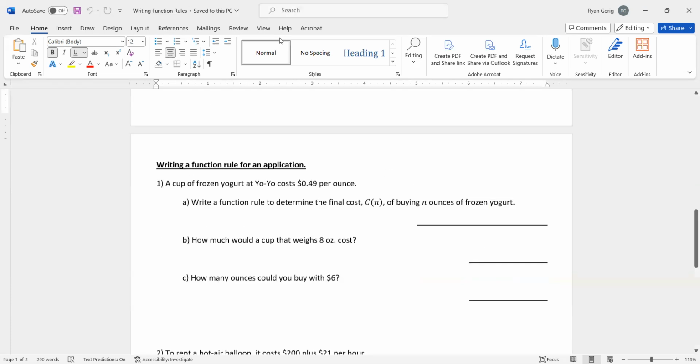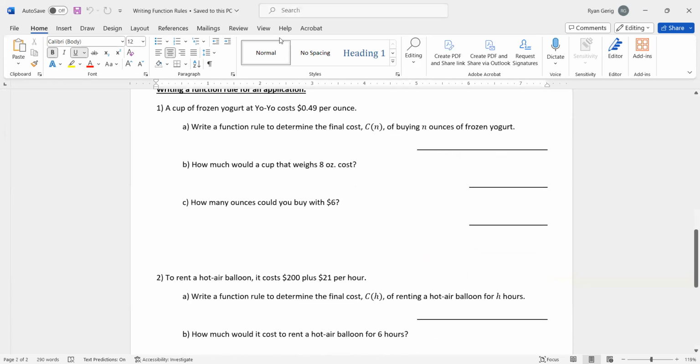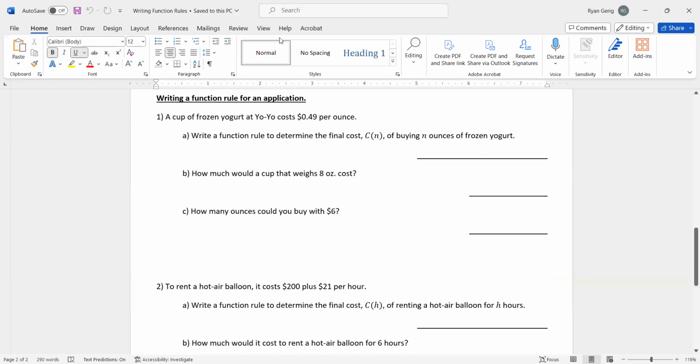What about a word problem or an application? A cup of frozen yogurt at Yo-Yo costs 49 cents per ounce. Write a function rule to determine the final cost, and I'm telling you what to label it, C of n, of buying n ounces of frozen yogurt. Well, the total cost, C of n, will be equal to the number of ounces that you buy times the price per ounce.